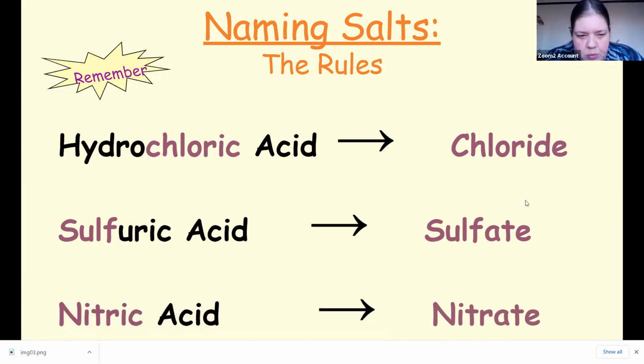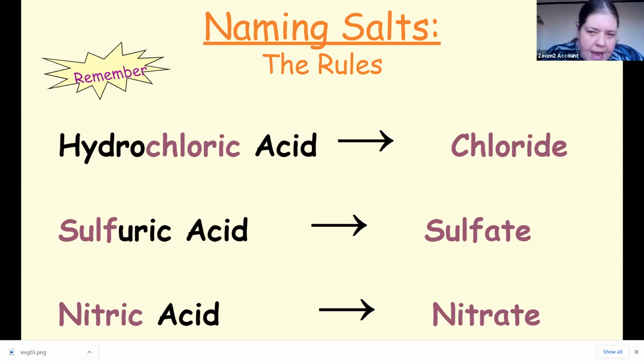I'm hoping you can all see all three there. Hydrochloric acid always makes chlorides. The clue there is you're looking for chloric to make a chloride. Sulfuric acid will always make a sulfate, and nitric acid will always make a nitrate. So the names are very similar.